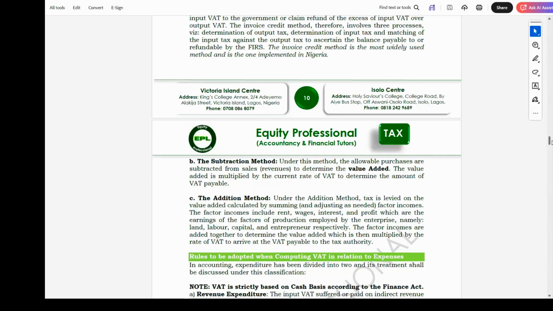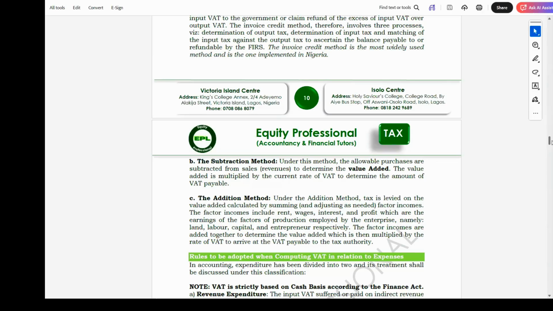This method is not adopted in Nigeria, but under normal circumstances, when you have the same question and the same scenario, the invoice credit method and the subtraction method will give you the same amount of value added tax.